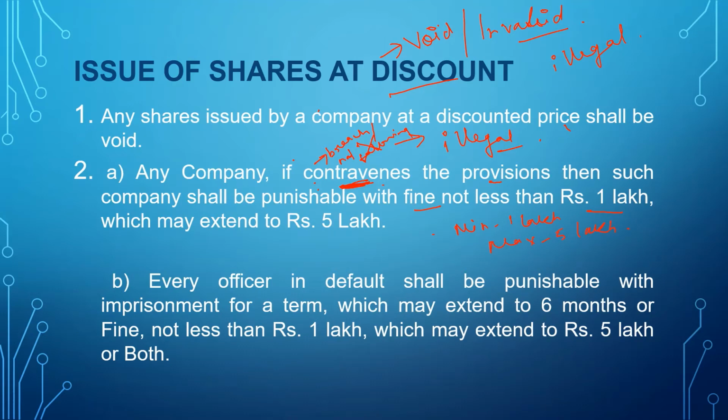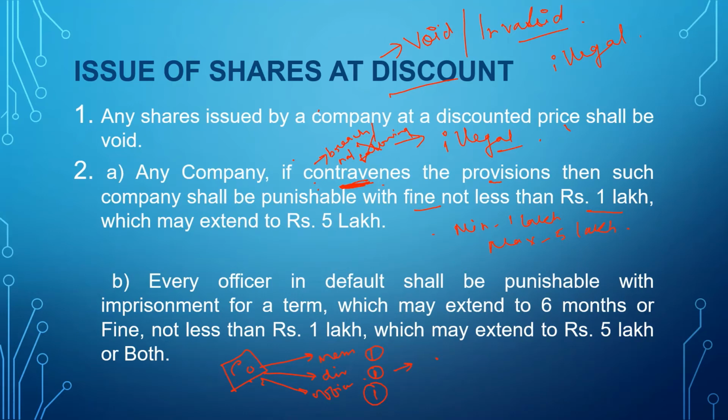And the individual person in default, that means the person who is liable. A company is a separate legal entity and it is distinct from its members, directors, officers, employees, etc. So if one member, director or officer does anything, we cannot treat that the company did the same.